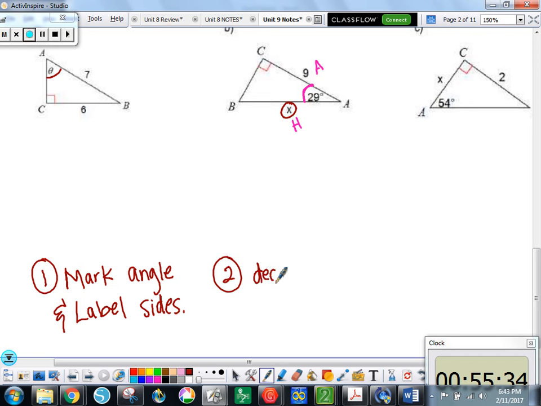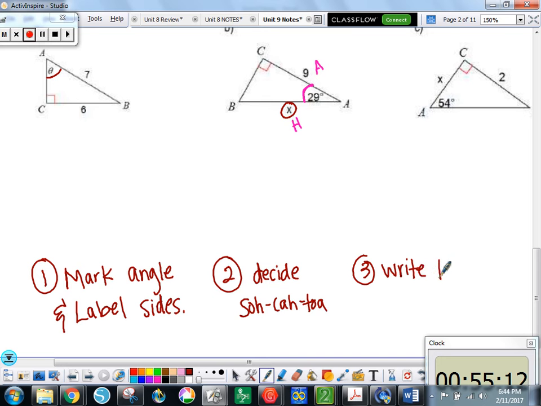We have to decide SOHCAHTOA. Which one of sine, cosine, tangent am I using? Which one uses the A and H? In this case, it's a cosine. So that moves us on to step 3.